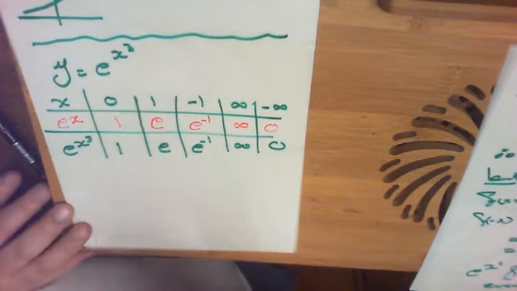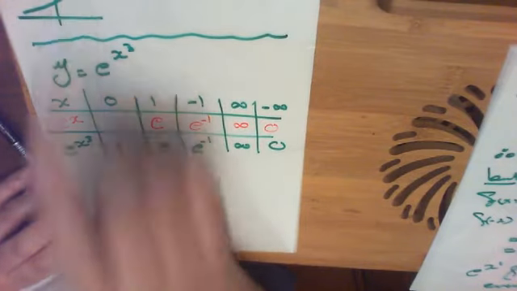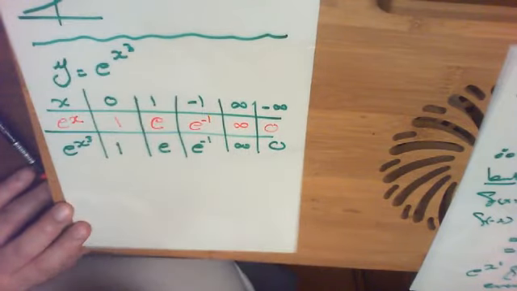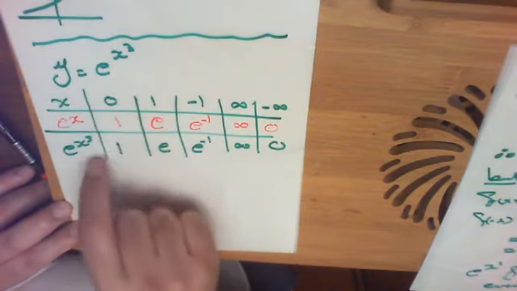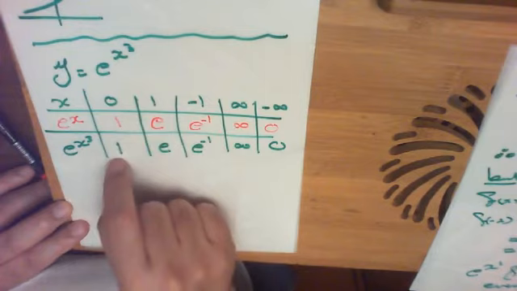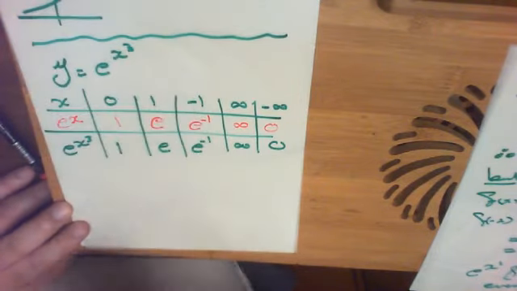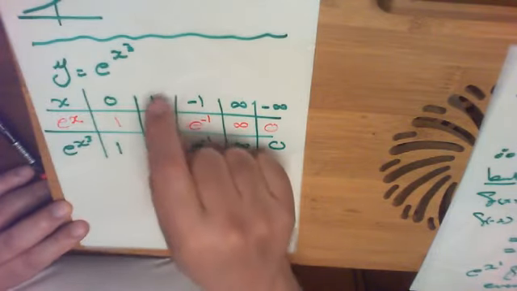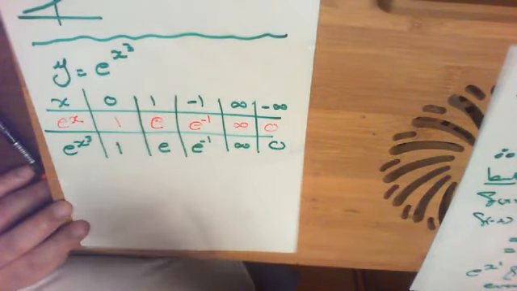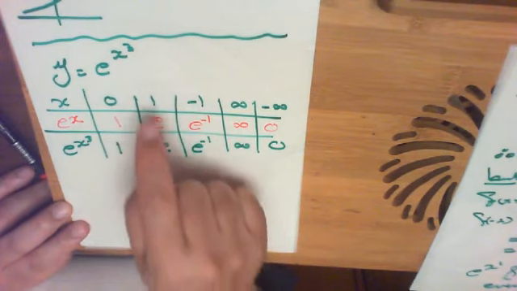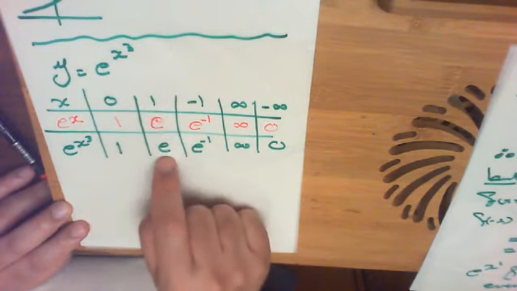It has the same behavior as e to x at a set of values. As x is 0, 1, and minus 1, this function passes through the point 0, 1 here. As x equals 1, both are the same, so they intersect at the same point: 1 for x, e for y.